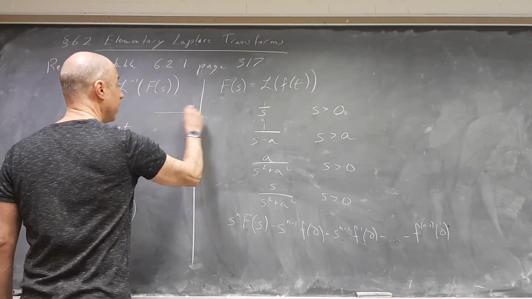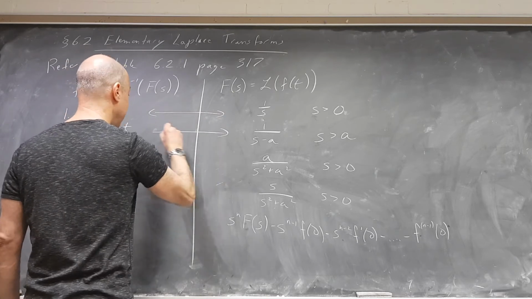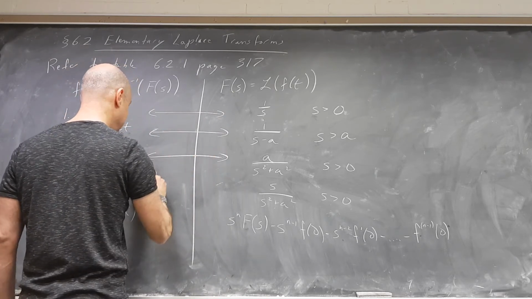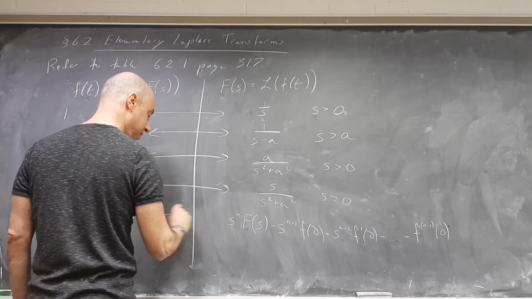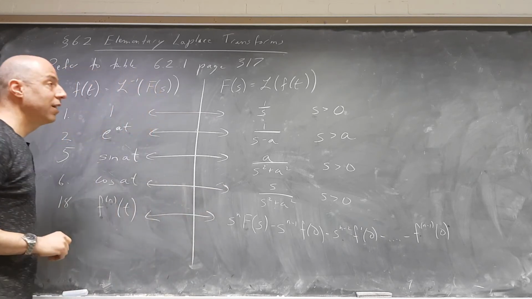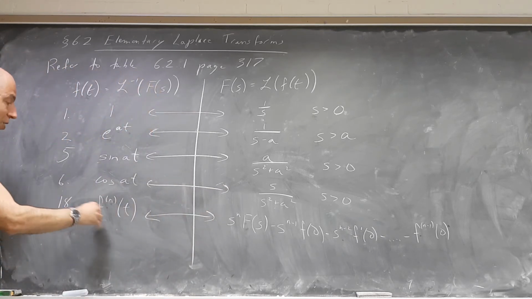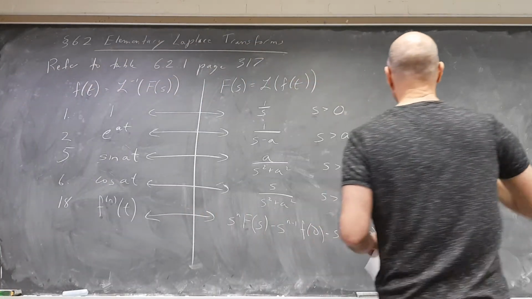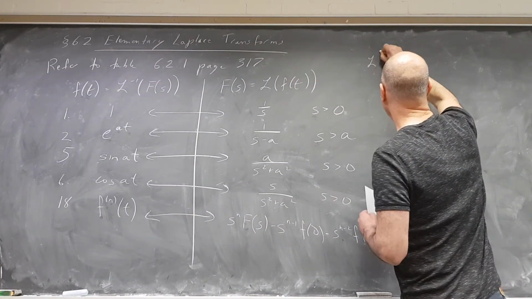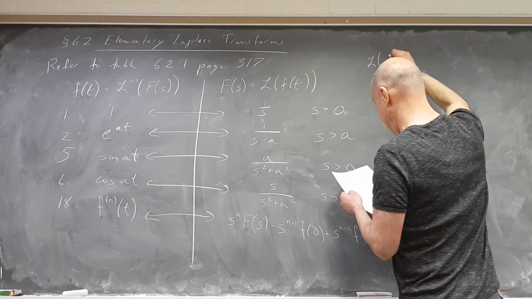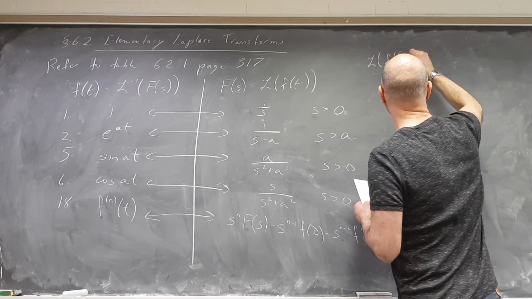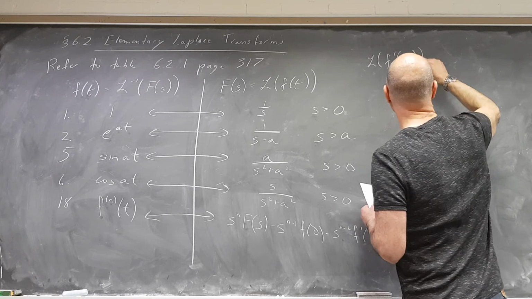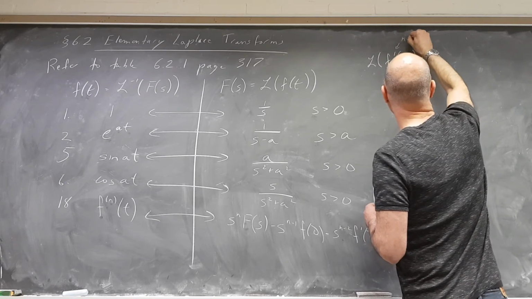So that goes with that, that goes with that, and so on. Let me show you how you would use this last one. Say I take the Laplace transform of the first derivative. So here, n equals 1.